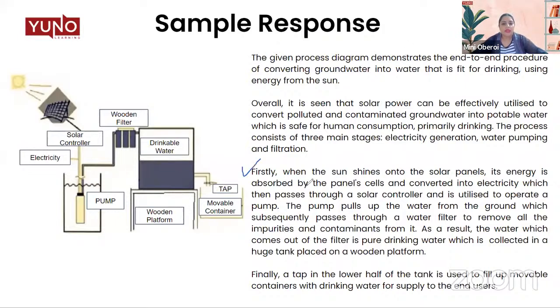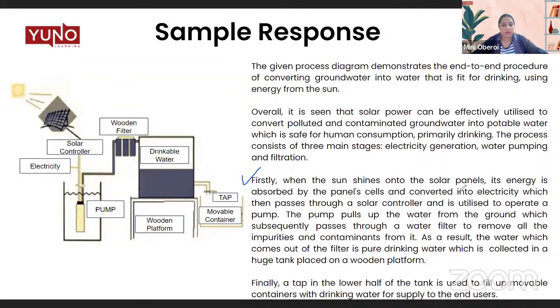So, firstly, when the sun shines onto the solar panels, its energy is absorbed by the panel cells and converted into electricity, which then passes through a solar controller and is utilized to operate a pump. We gave this reason, right?